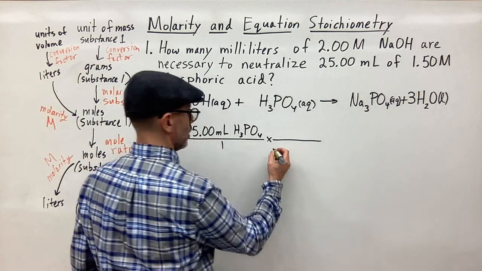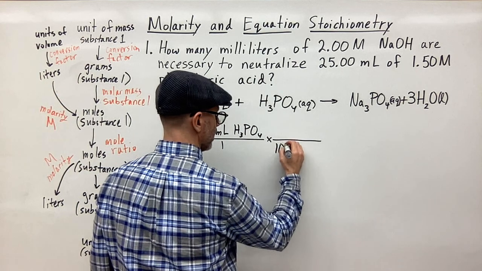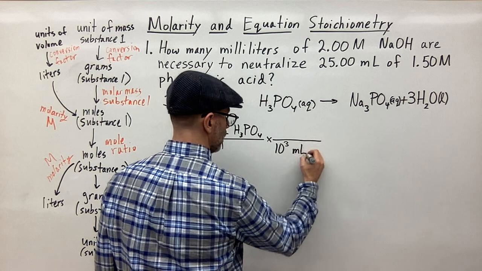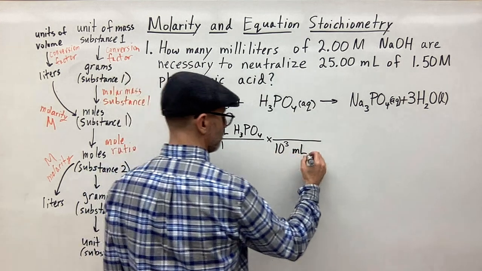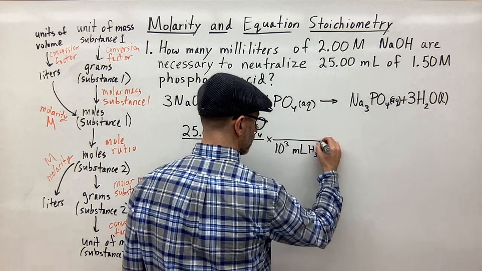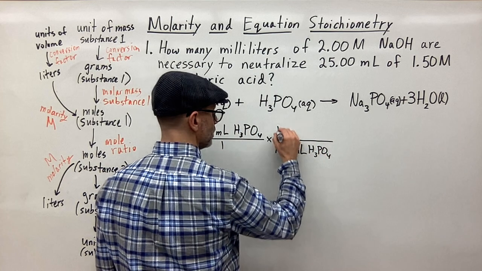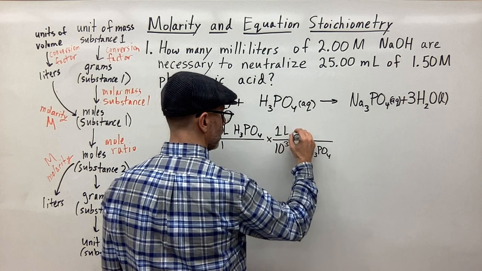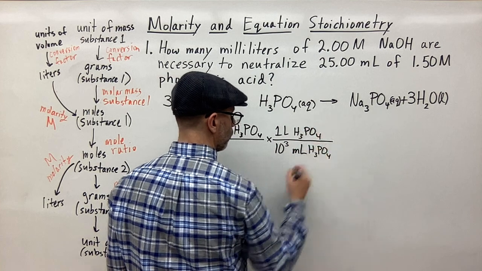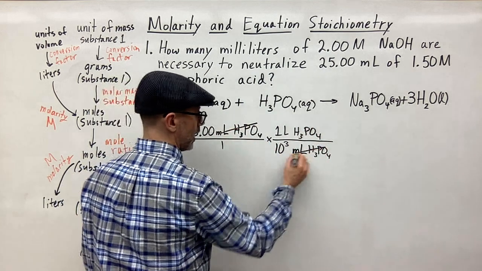So I'm going to use the 10 to the third milliliters, or 1,000 milliliters of my H3PO4 solution is equal to 1 liter of the H3PO4 solution. So milliliters cancel out.